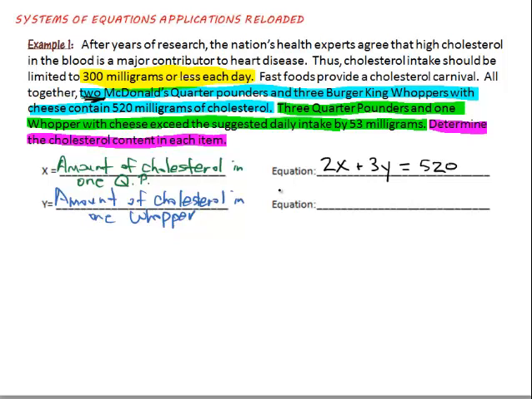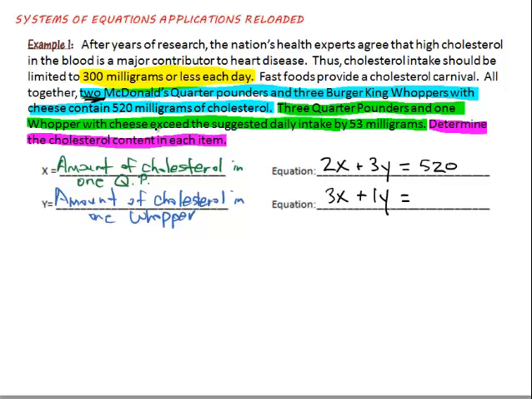Our second equation is going to come from the green. 3 Quarter Pounders, or 3 times the cholesterol in 1 Quarter Pounder, plus 1 Whopper, 1 times the cholesterol in a Whopper, is going to equal the suggested daily intake of cholesterol plus 53.